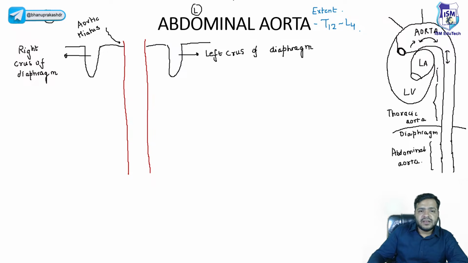Now, remember that this is the abdominal aorta. The abdominal aorta will give many branches. And remember, beta, at the lower border of L4, it will divide into two.